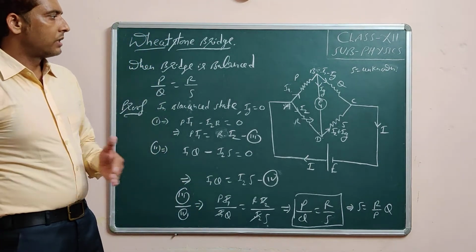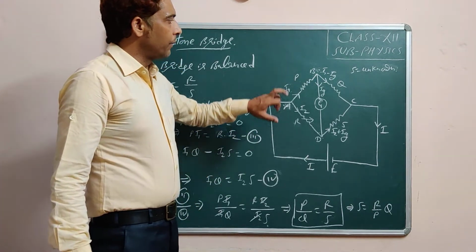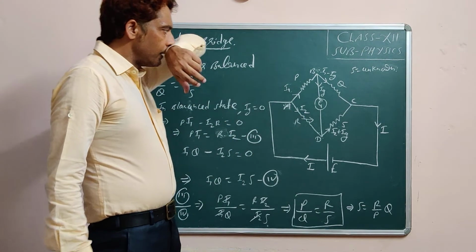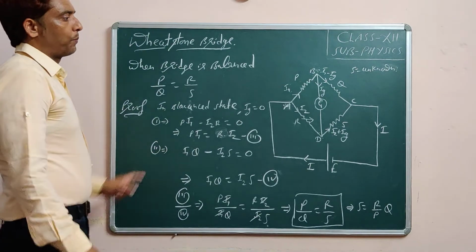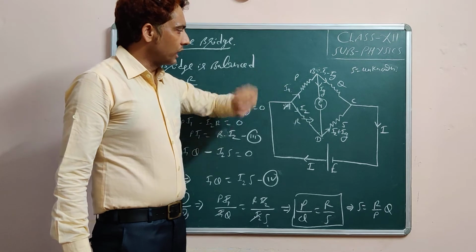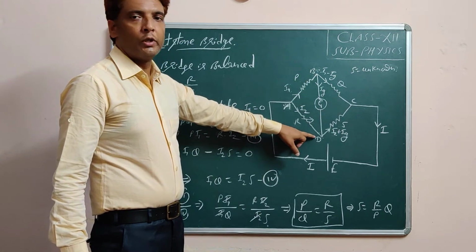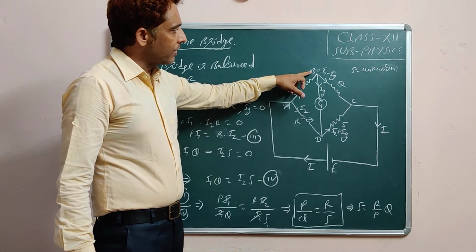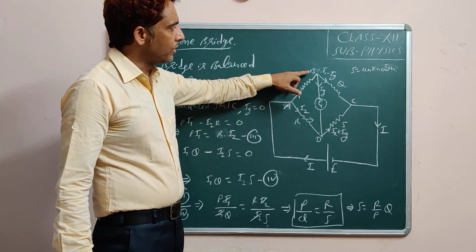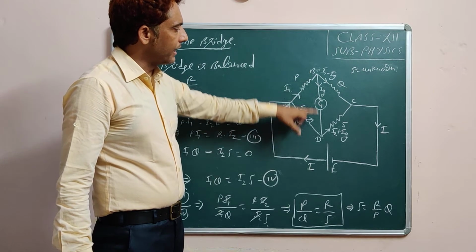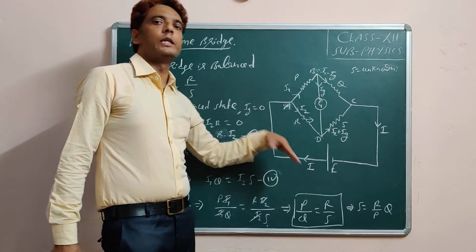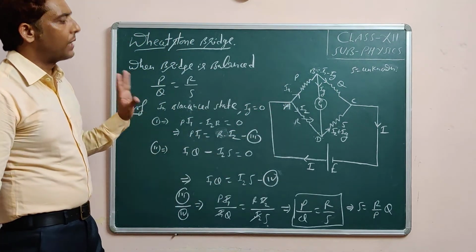Now you may ask, why in balanced state does this galvanometer not show any deflection? Actually, for a particular value of P, Q, R and S, the potential at points B and D becomes the same. So when the potential at B and D is the same, there will not be any potential difference between points B and D. So there will not be any flow of current through this branch, and in that case we say that the bridge is balanced.